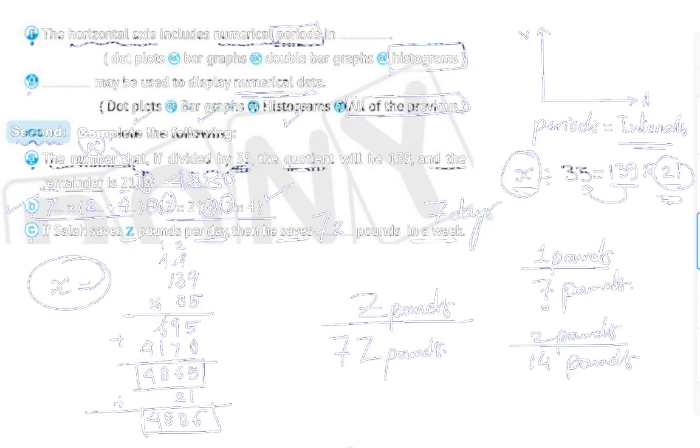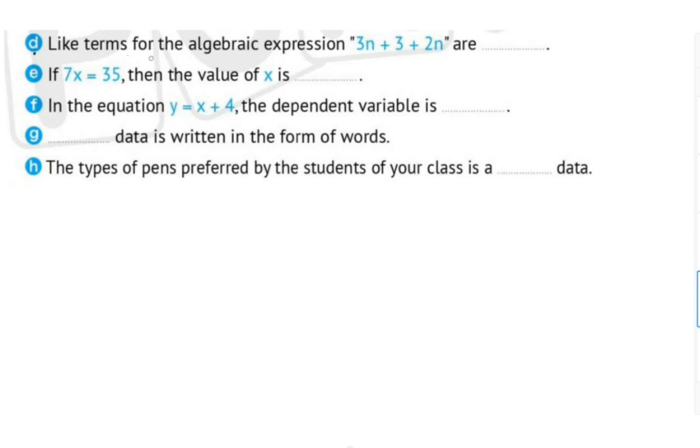Let's continue. Point D, like terms for the algebraic expression 3n plus 3 plus 2n are what? I need to find out which two terms are like terms. Two terms are like each other, that means I can add them together.